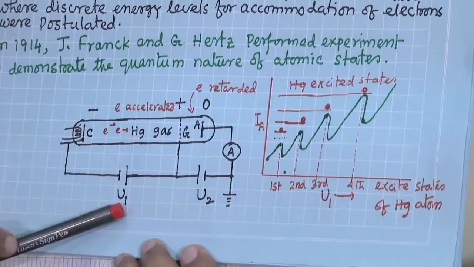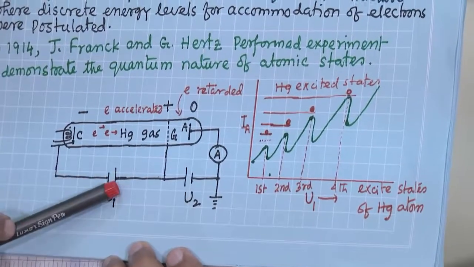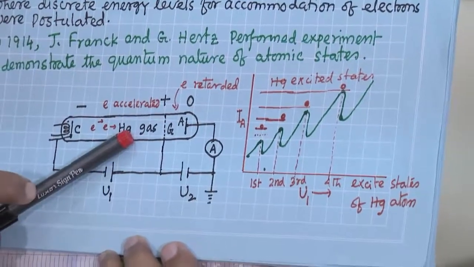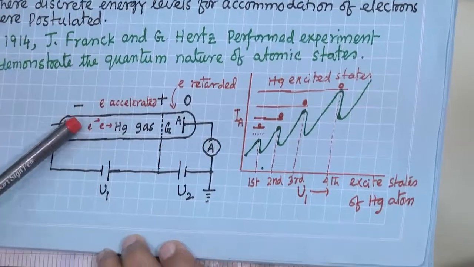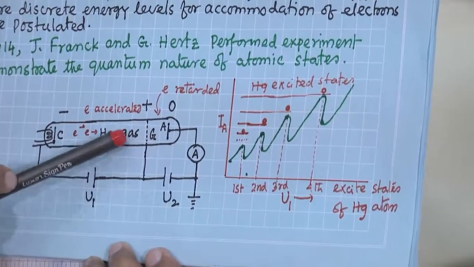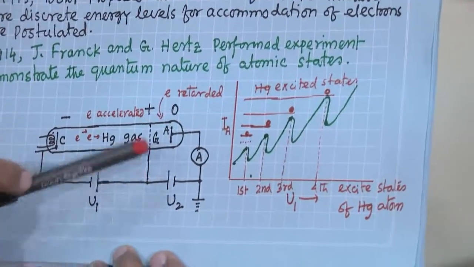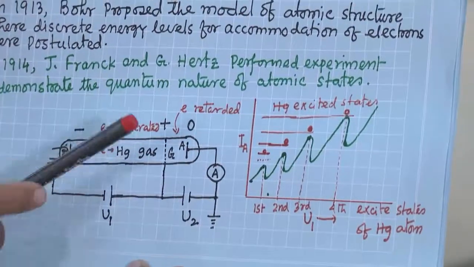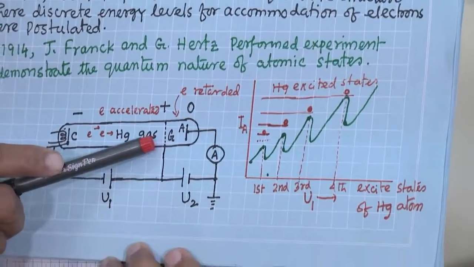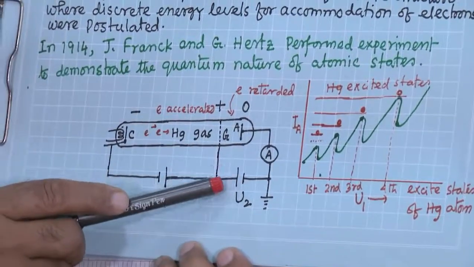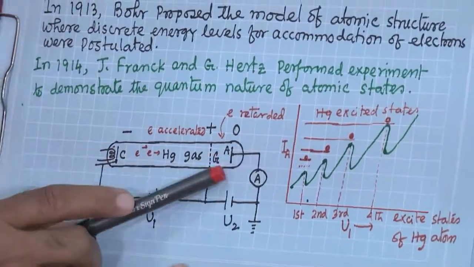So with this potential difference, eU1, it will come to the grid and pass through the holes of the grid. That's why it is called a grid. Small holes are there, and here we have given a small negative voltage.